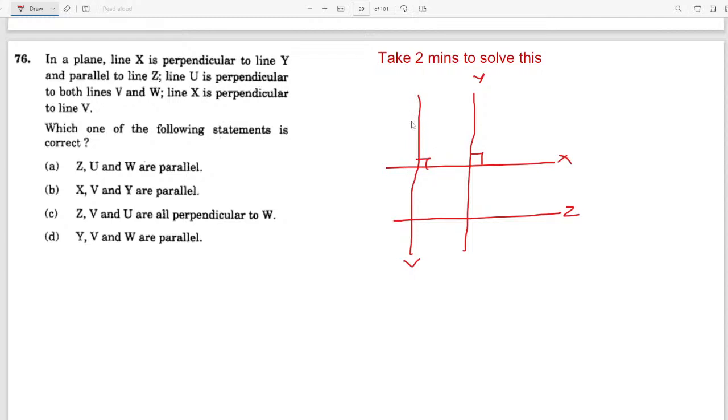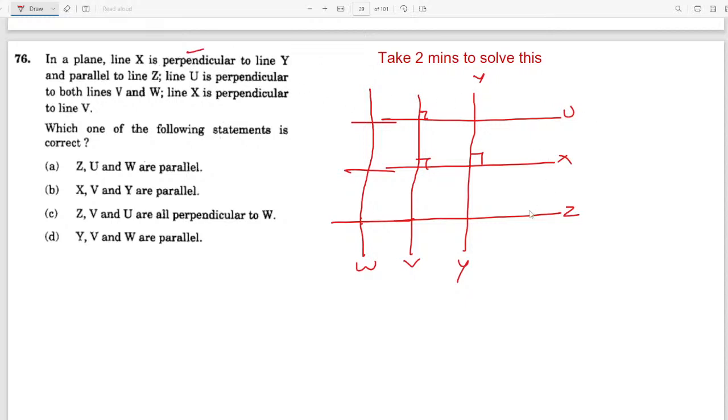U is perpendicular to V, so U can be like this, and it is perpendicular to both line V and W. W will also be this. This is W. This is Y, U, X. I'll just check once again. Line X is perpendicular to line Y, correct?